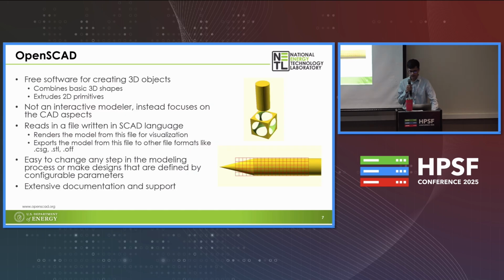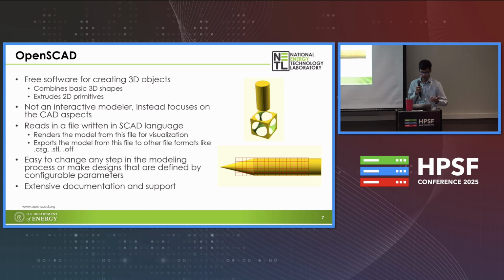MFIX-Exa leverages OpenSCAD, which is free software for creating 3D objects. OpenSCAD is not an interactive modeler, but focuses on CAD aspects, which aligns more with the kind of geometries we are targeting, because the reactors are all designed based on CAD aspects.